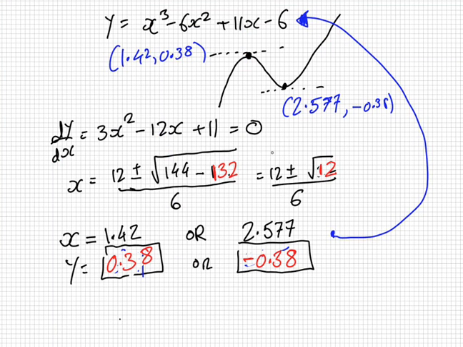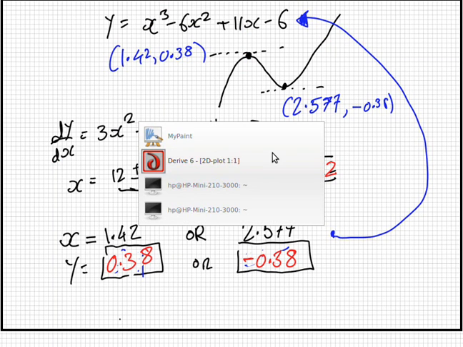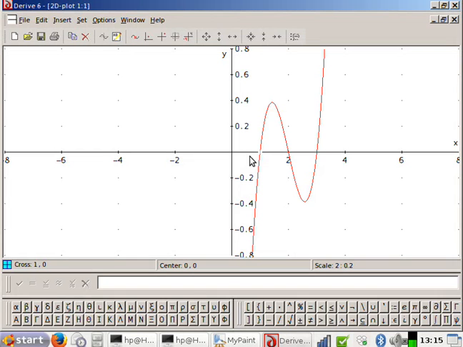What answer did we get? 1.4. It's not bad. Now, what's the y value? It looks like it's nearly 0.4. Is that what we got? Yeah. Now, the second turning point, what do you think the x value is? Well, here's 2 and here's 3, so it's about 2.5. And what is it actually?